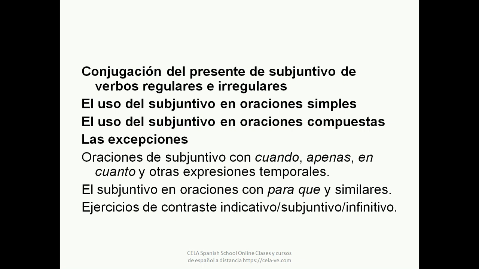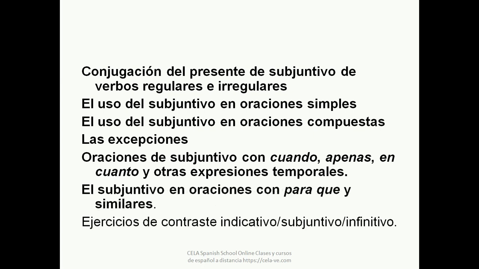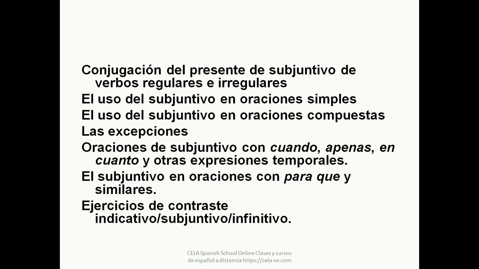We will learn about the exceptions, the use of the subjunctive in sentences with some temporal expressions, the subjunctive in sentences with para qué and similars, and we will do indicative, subjunctive, and infinitive contrast exercises.